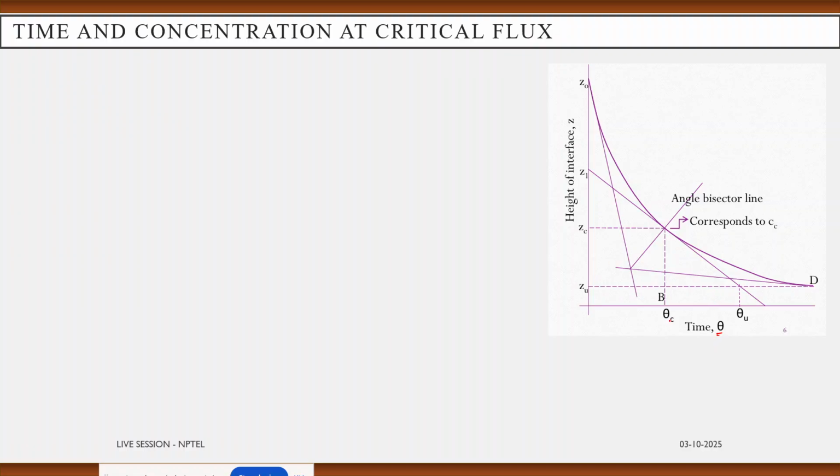At theta equals theta c, when the height is ZC, the corresponding concentration will be Cc. And when it is Z1, the corresponding time of interface solids to pass through the interface will be theta u.